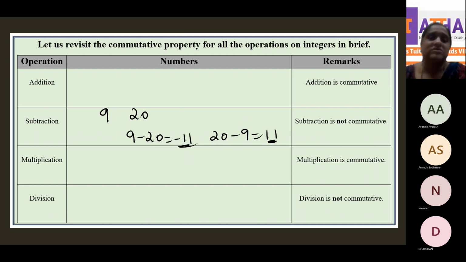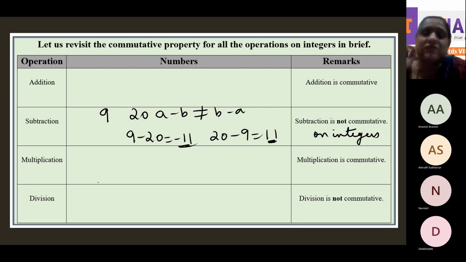So, since A minus B is not equal to B minus A, we say that subtraction is not commutative on integers. If A is an integer and B is an integer, A minus B is not the same as B minus A. Is that fine, children?